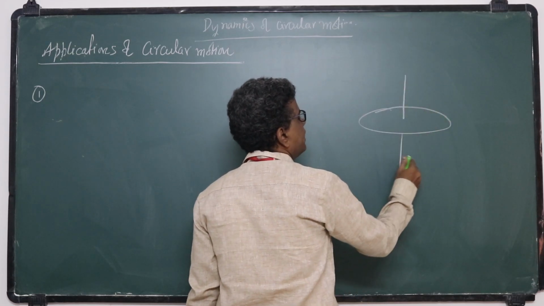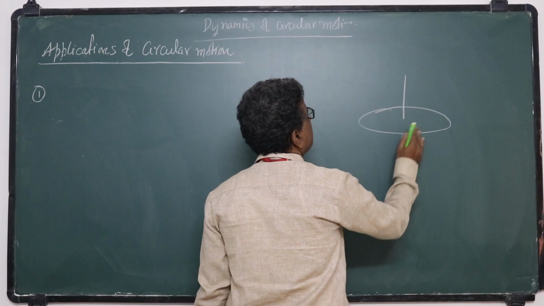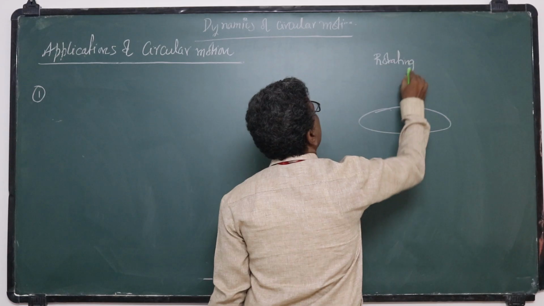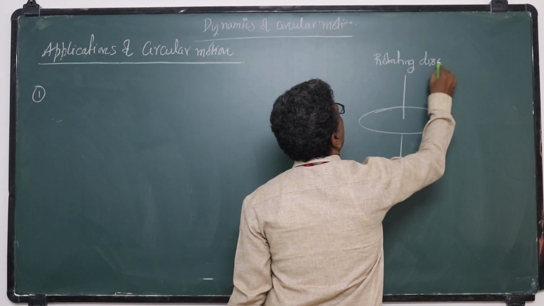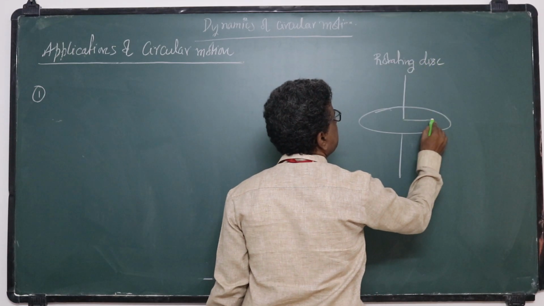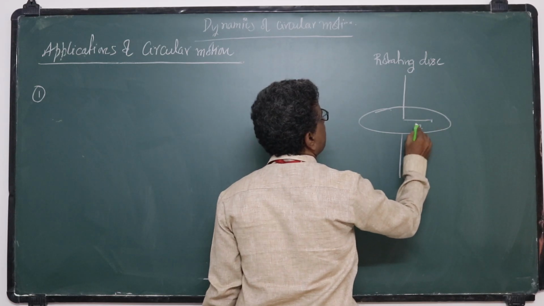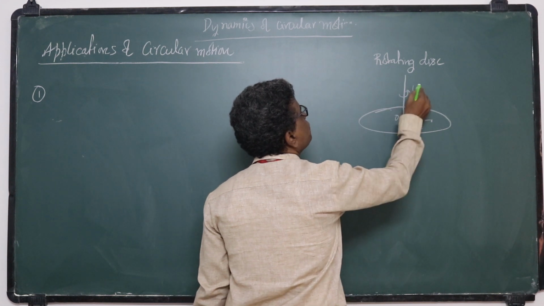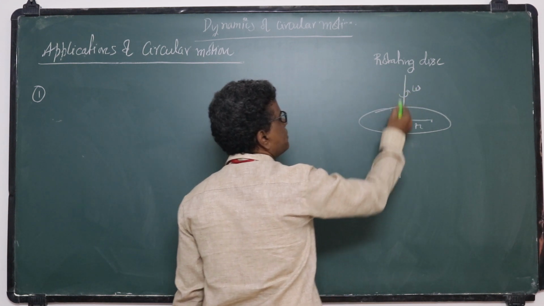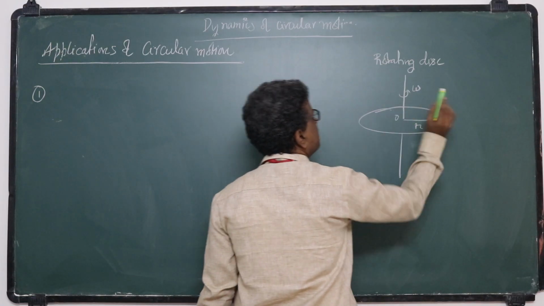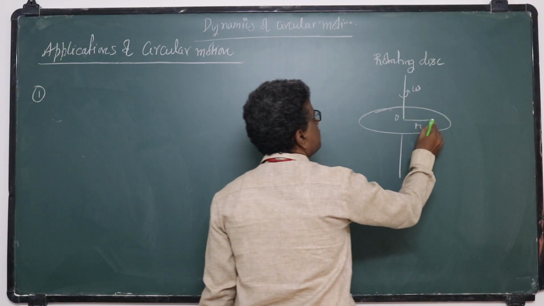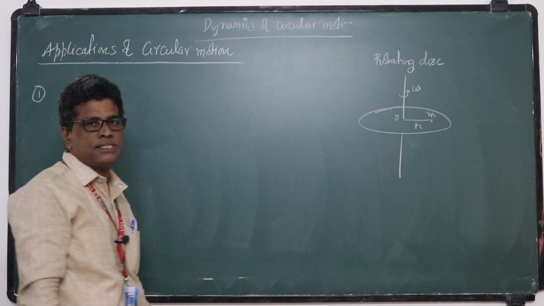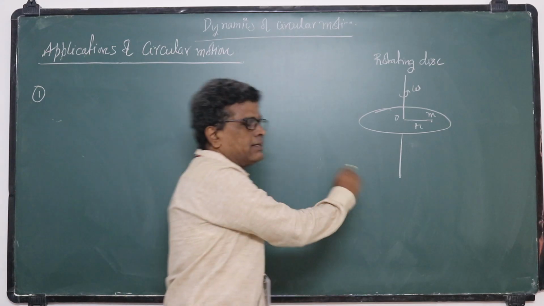Let it be a rotating disc or table. A body is placed at a distance r from the center. So this is the axis of rotation. Let omega be the angular speed of this rotating disc. It is rotating like this.